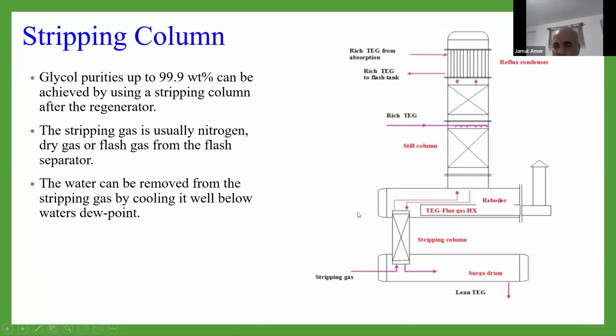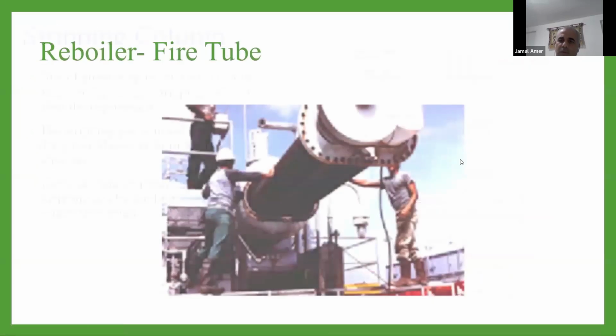We have stripping gas flowing through the stripping column, and stripping gas also flowing in the reboiler. So any still remaining water droplets, the stripping gas can catch, and this gas will go to atmosphere.